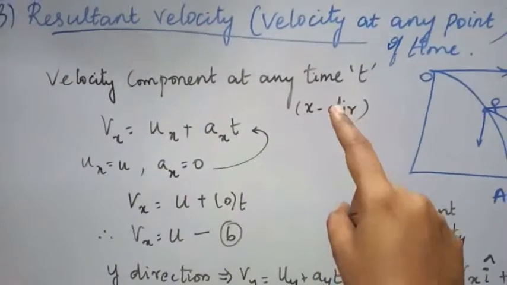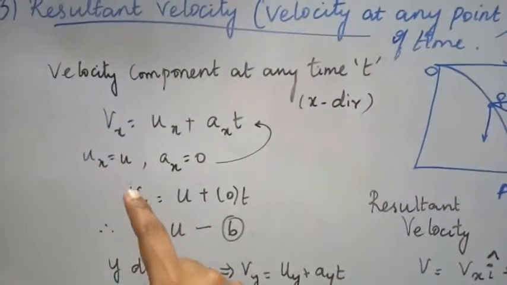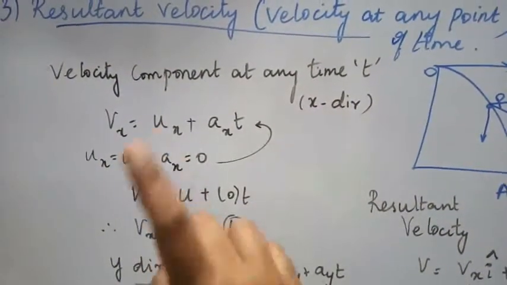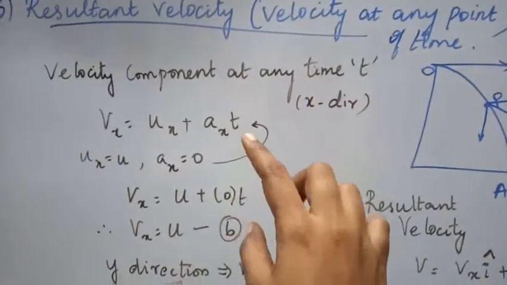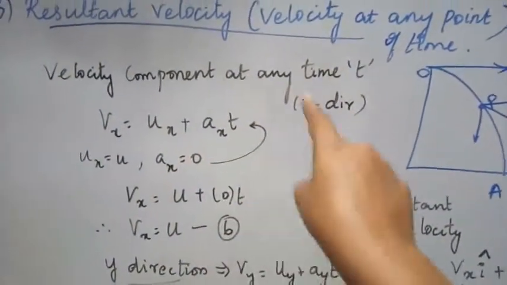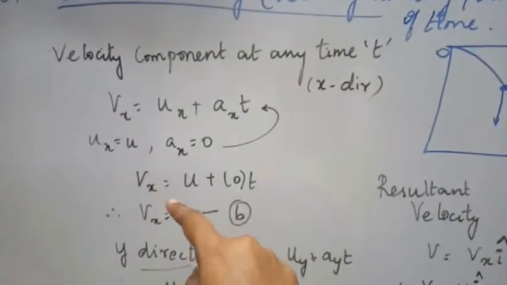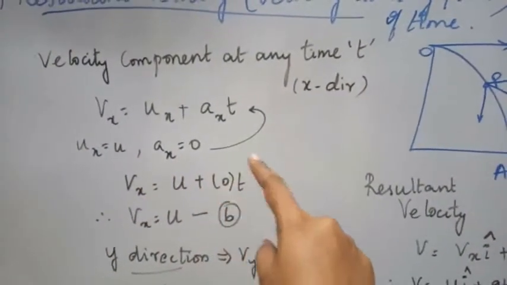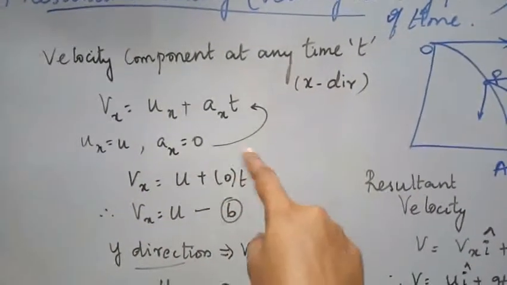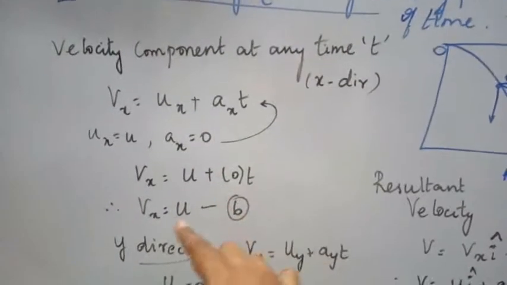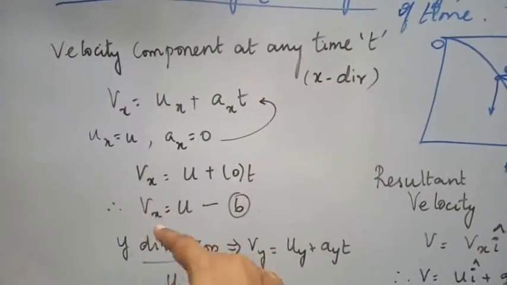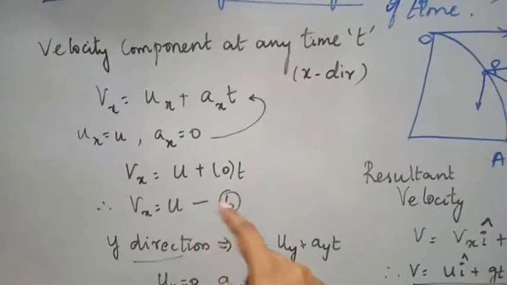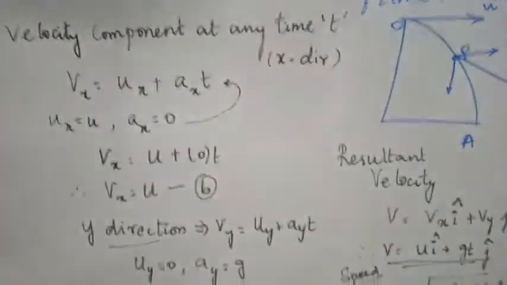Always in the x direction you have the initial velocity u, and ax value is always 0. So substitute this in the equation. Vx is equal to u plus 0 into t. Anything into 0, that whole term becomes 0. So Vx, the velocity along x direction, is simply u.